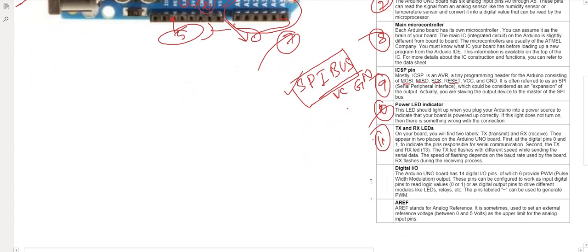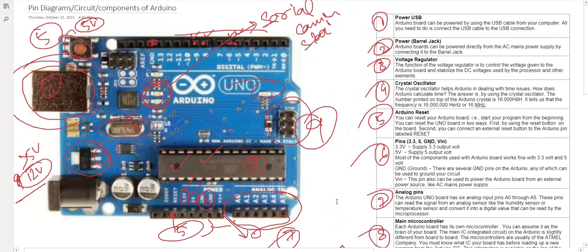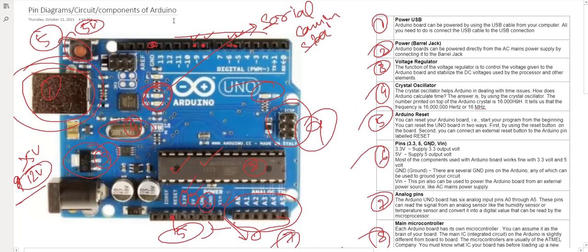And digital IO. Yes, digital IO is also a very important part and plays a very important role. From pin 0 to 13, there are 14 pins that can read digital input, and they can also write digital output. What is the difference between digital and analog?